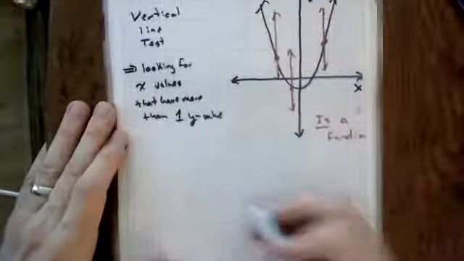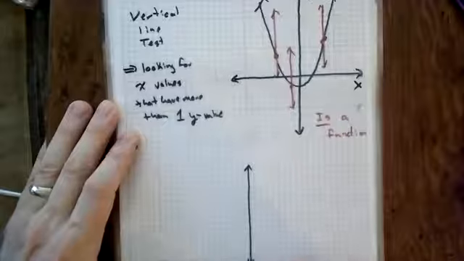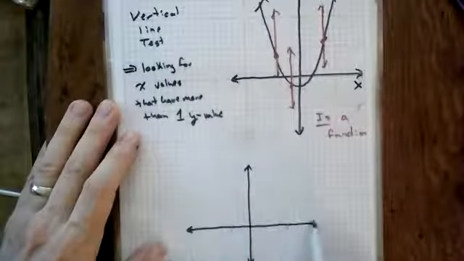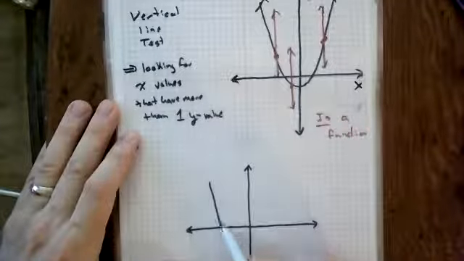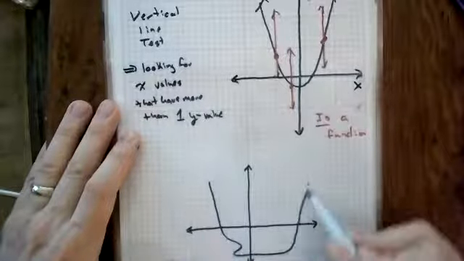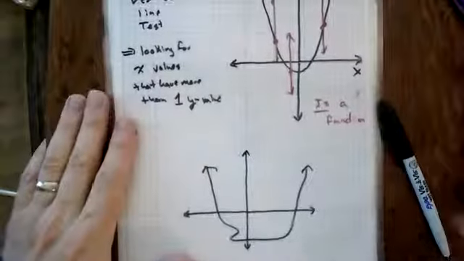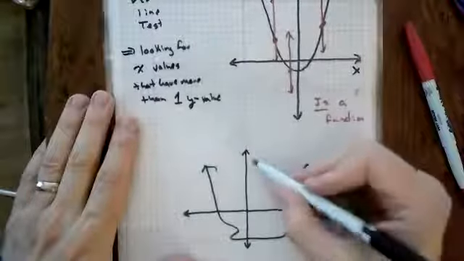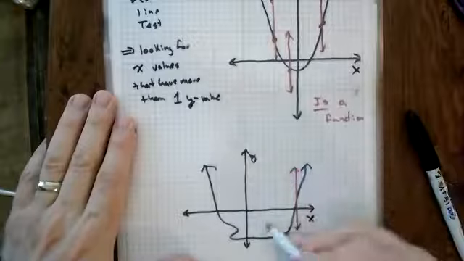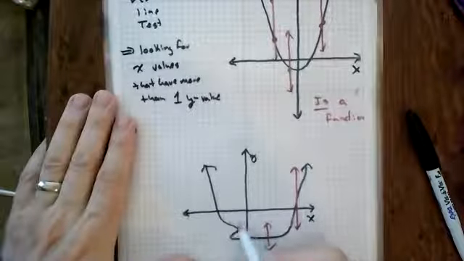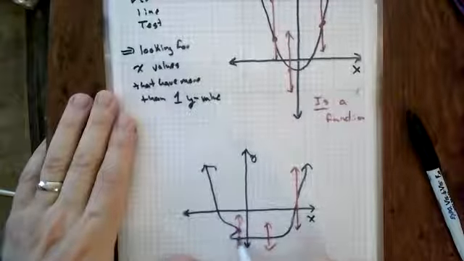If I take another one that looks a little bit more exotic, it doesn't matter that I can come up with points where it only crosses once. But if I take a vertical line and it touches in two places, I only need one counterexample.